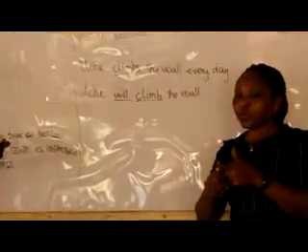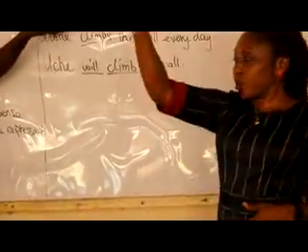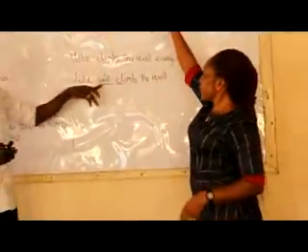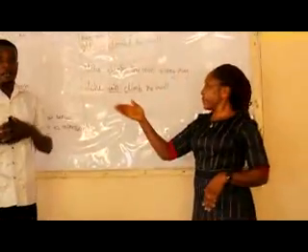Will and climb. Will is an auxiliary verb helping the main verb climb to achieve a state of simple future tense. If you look at our previous example, you can see that the first sentence has no modal or auxiliary verb. It's just a main verb.